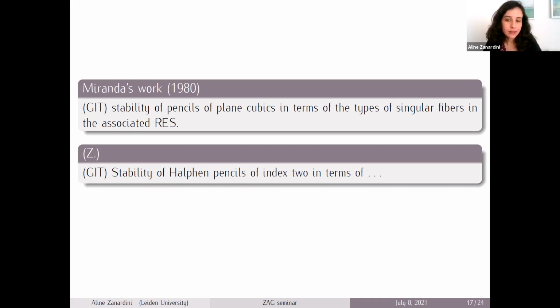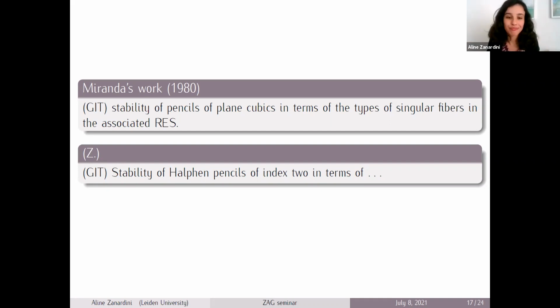Again, the kind of statement that I obtained is in terms of the types of singular fibers appearing in the rational elliptic surfaces associated to these pencils. But what is different is the approach. The way that I obtained this criterion was by relating the stability to the log canonical threshold and the multiplicity at the base point and so on.